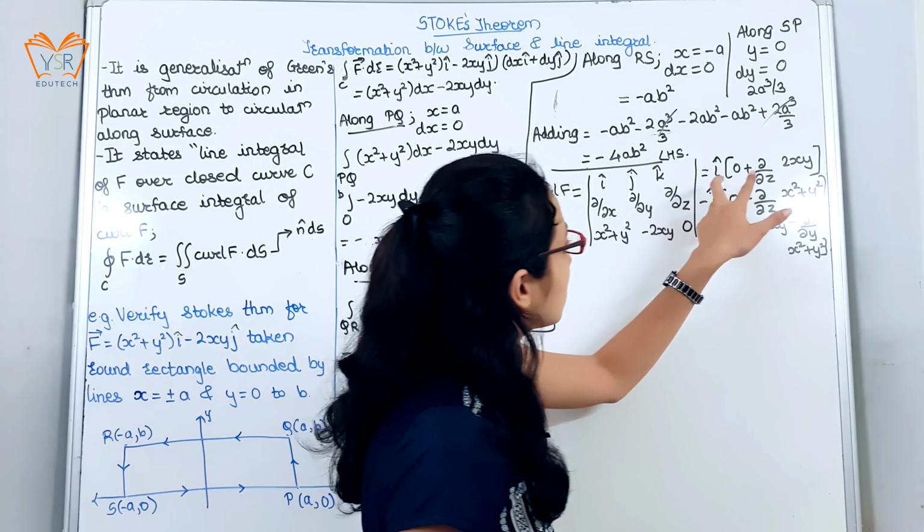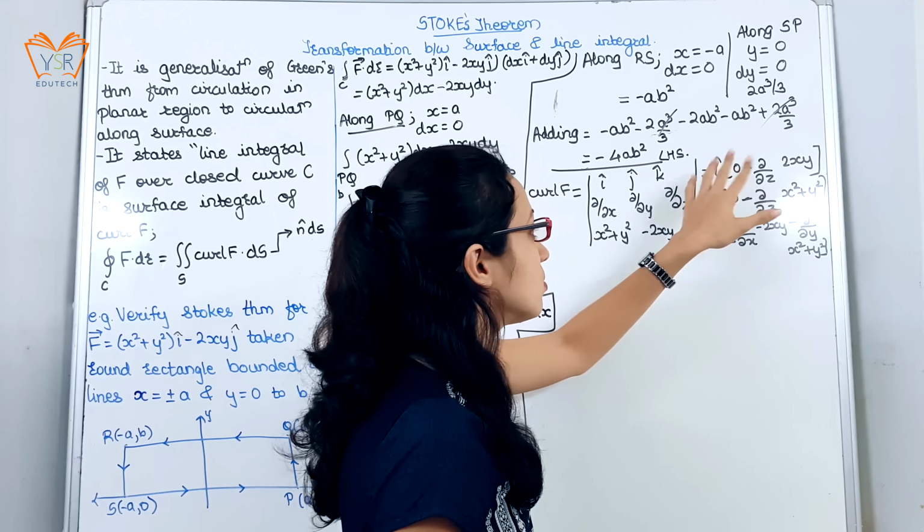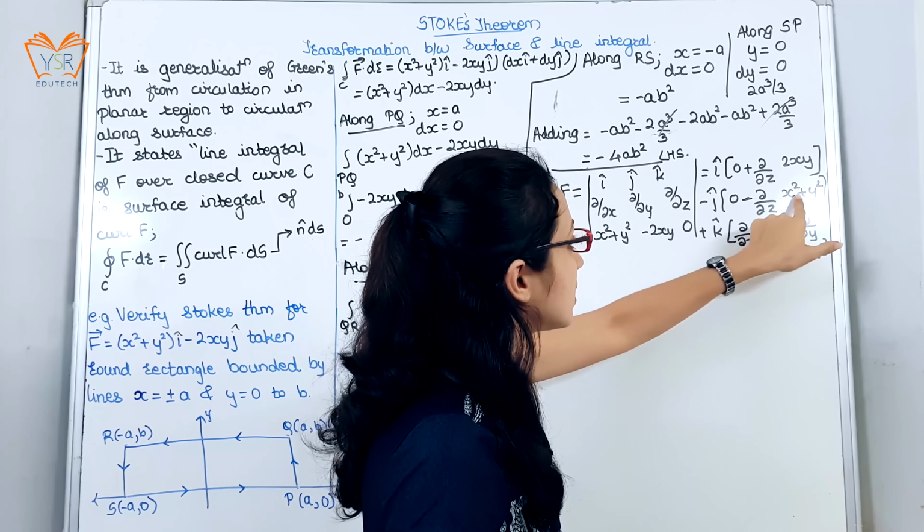Now if you see the first term, the derivative with respect to z will be 0. 0 plus 0, 0. Again with respect to z, it is 0.